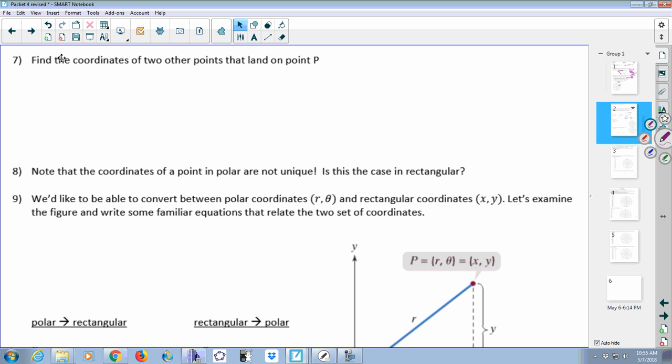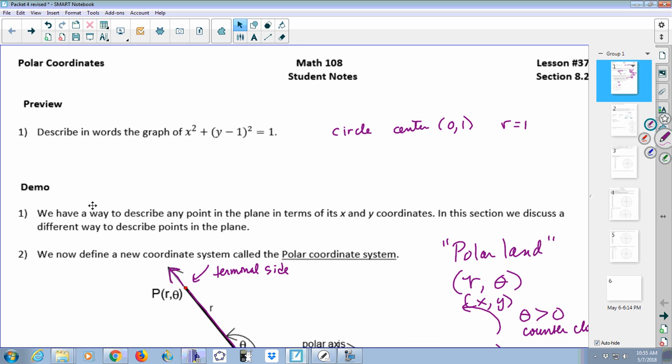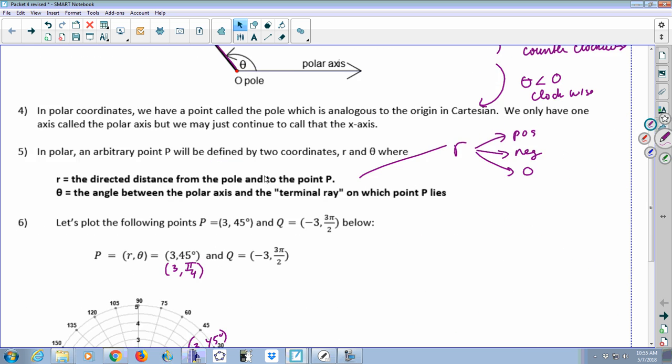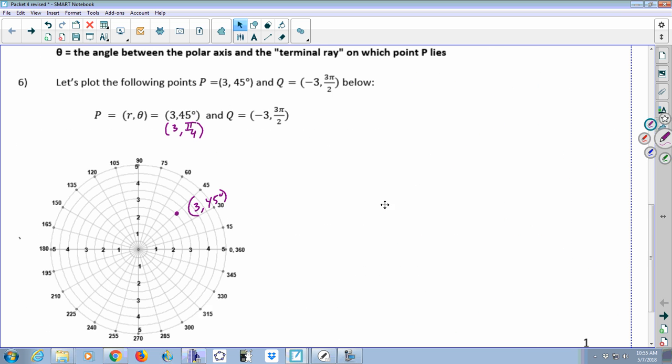Delete page. Okay, so find coordinates of 2 other points that also land on P. Can anybody tell me how I could land on P without being (3, 45 degrees)? Yeah, Bella? Yes, wow, she picked the hardest one, right?